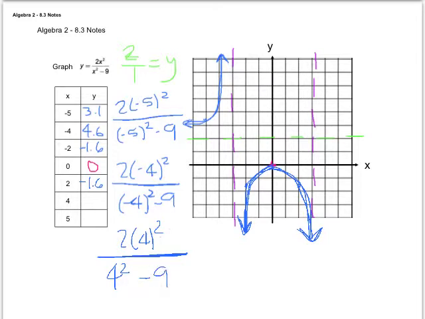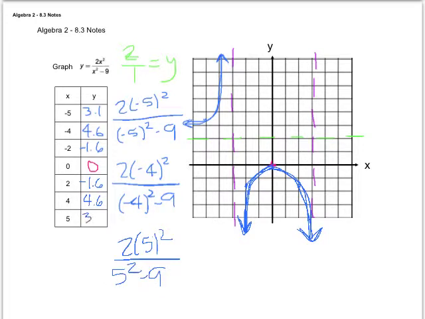Well, hey, guess what? That's going to end up being 4.6. And then the very last one is my 5. So when I plug that in, 2 times 5 squared over 5 squared minus 9, that's going to be 3.1.